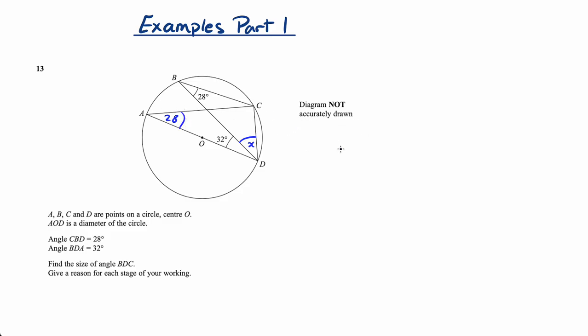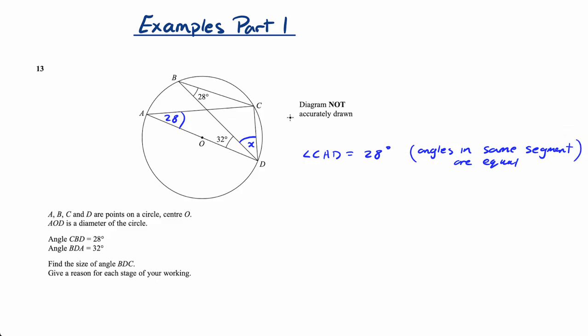So I can write this down here: angle CAD equals 28 degrees. And in brackets, this is the reason: angles in same segment are equal. So he wants you to write down the circle theorem.